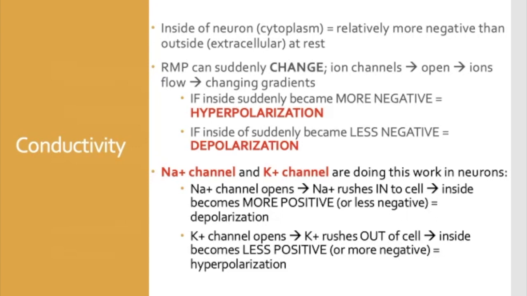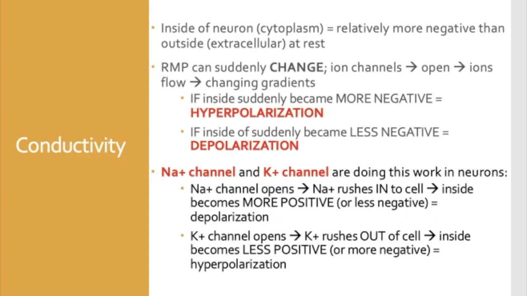That is the neuron and the muscle fiber. So this question of the action potential and how an action potential forms is all about changing that resting membrane potential.